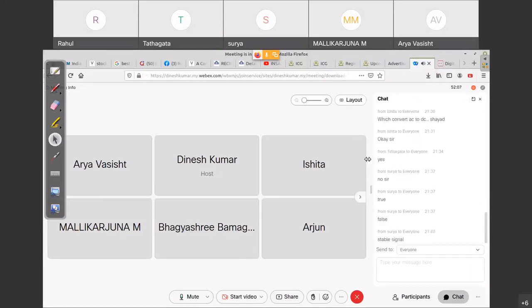So think, stable signal. From stability of the signal, what do you mean? If I ask you, what does stable signal correspond to? Very good, that is a very good answer. But others should also know in what sense you are saying stable signal. Surya. Anyone else?